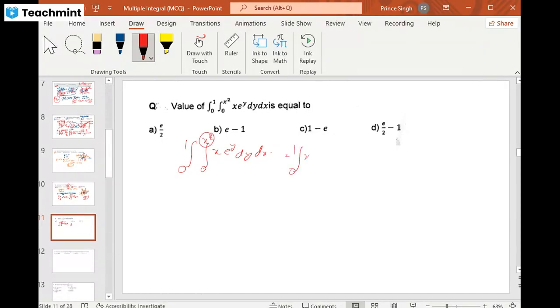So 0 to 1, x is common, and the integral of e power y is e power y, with the limit 0 to x square dx. So the answer is integral 0 to 1 of x times e power x square minus 1 dx.